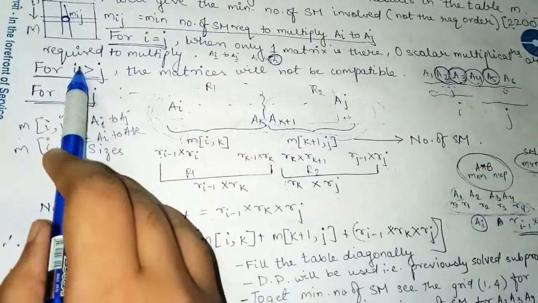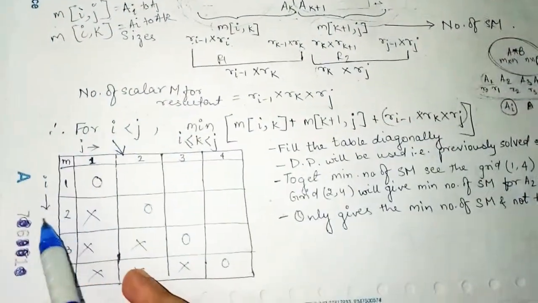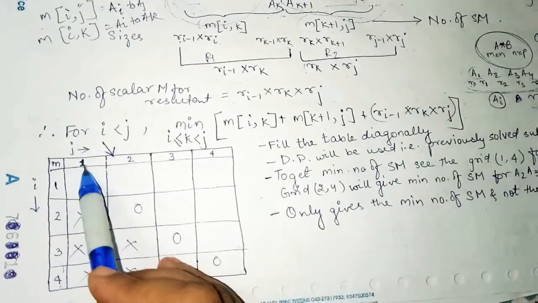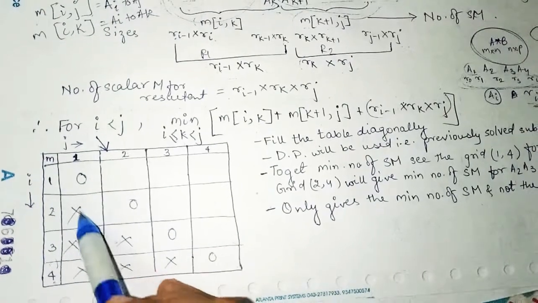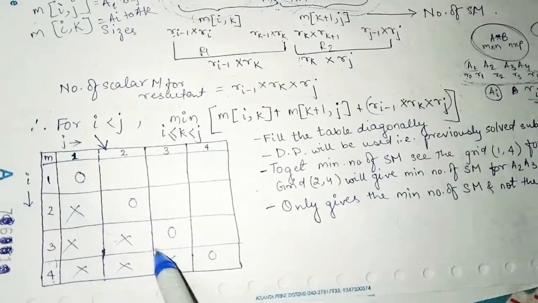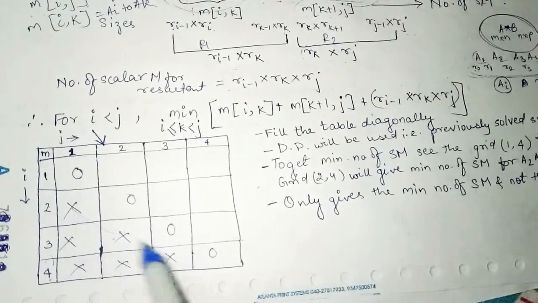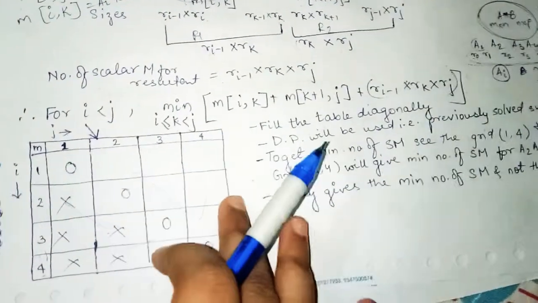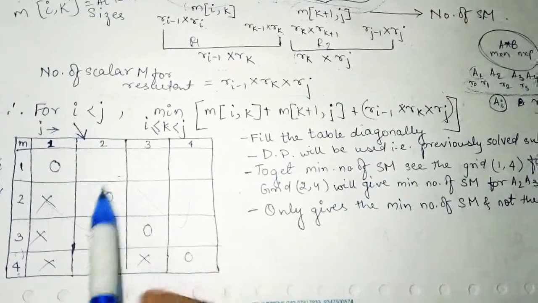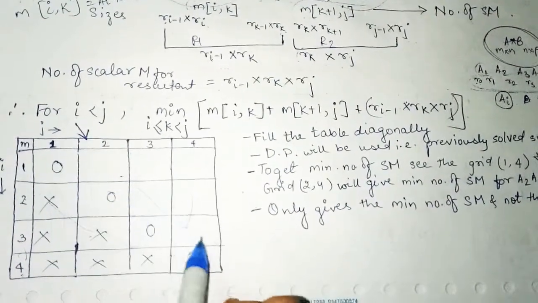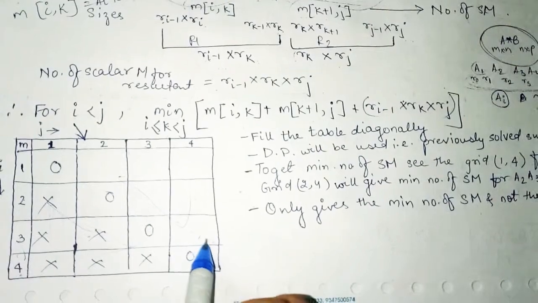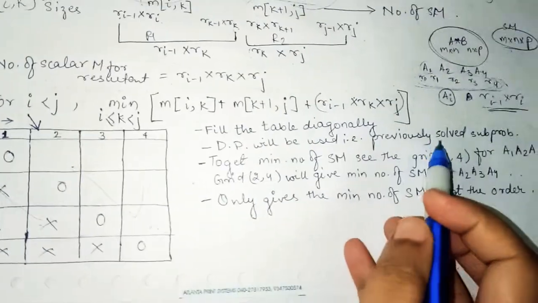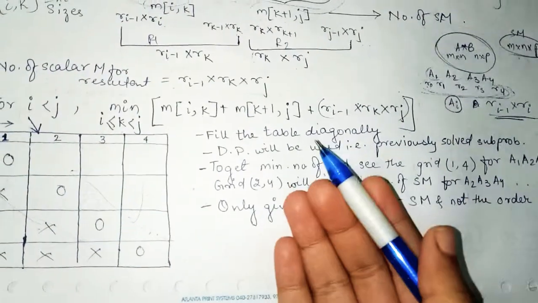For i greater than j, we don't have any value for these, not available. And for these other entries we will calculate. While finding the values, we have to do this diagonally, because in the dynamic programming approach, the previously solved subproblem will help in finding the new value.